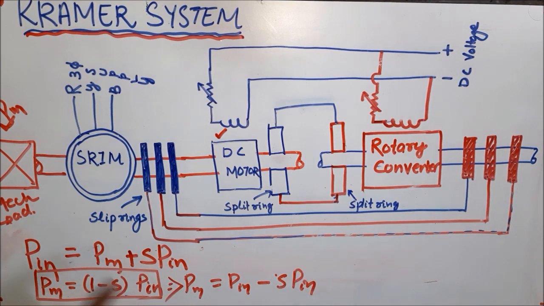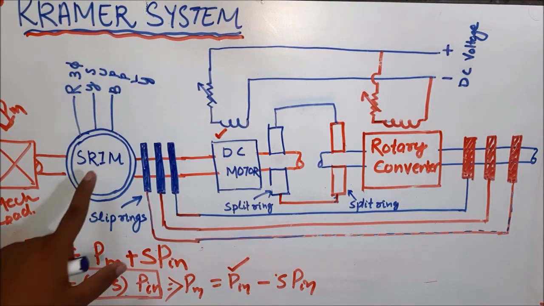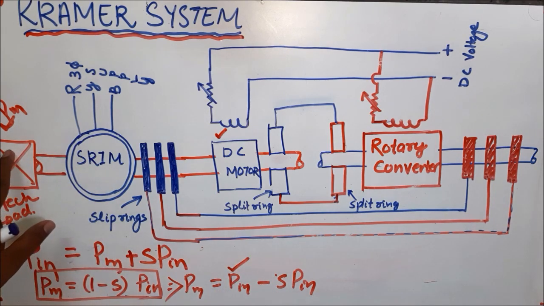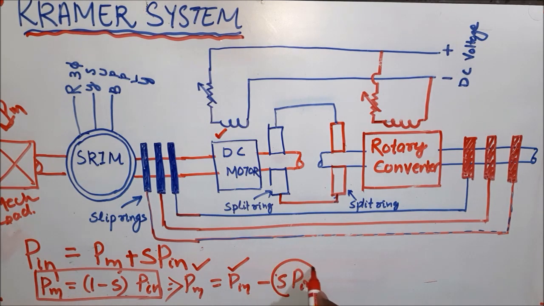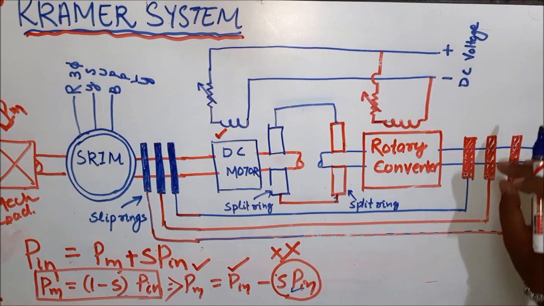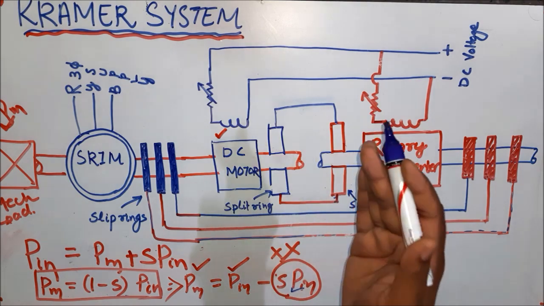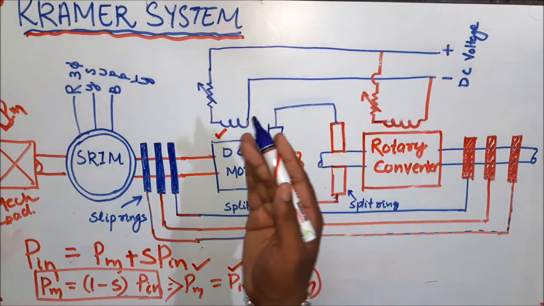The slip ring induction motor takes input power, and it can deliver only the mechanical power. But the slip power is wasted in terms of copper loss. So what we do is take this power from the three slip rings and feed it into the input of a rotary converter, which converts it into DC, and the DC rotates the DC motor.